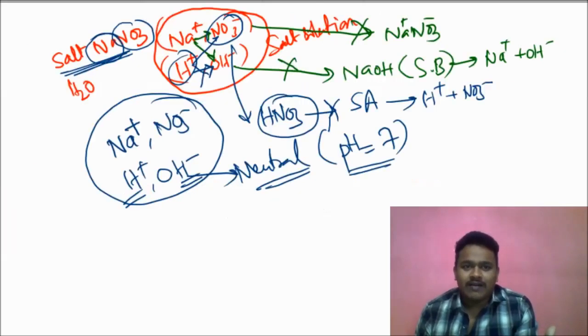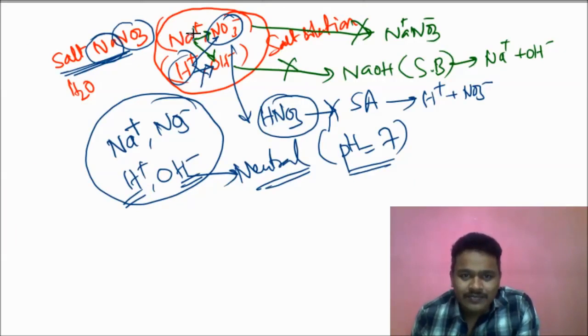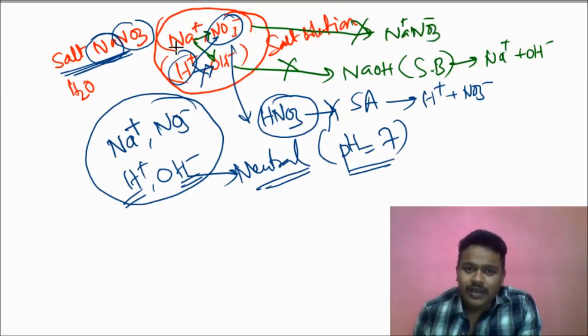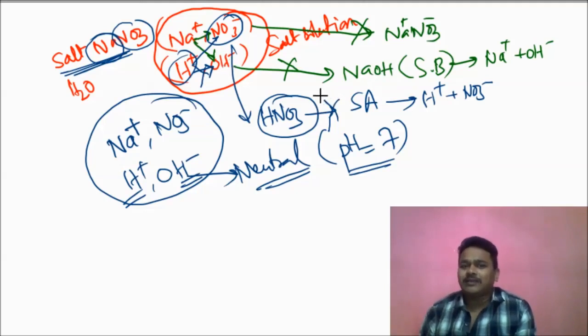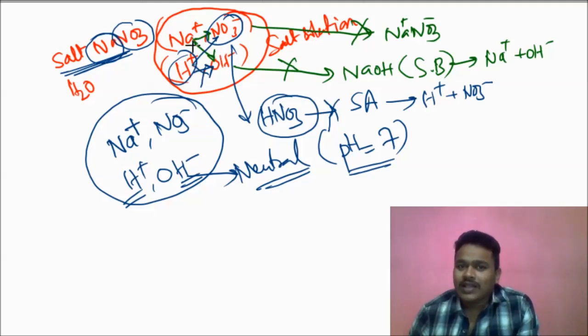I will talk about Na plus; they are expecting it to react with NO3 minus. What is that? NaNO3. And Na plus is expected to react with OH minus. What is forming? NaOH. The product will be a strong base.